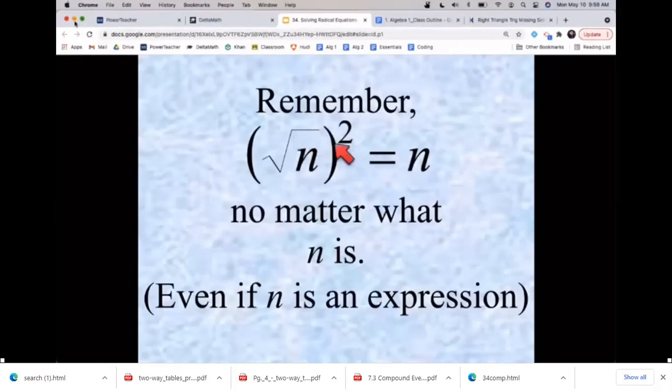Even if n is an expression, like x minus 3, x plus 2, 3x minus 4, whatever, once you put all to the power of 2, you remove the radical sign and the expression under the radical sign comes out. Okay, understood this point? So even if n is an expression, we will remove the radical sign.